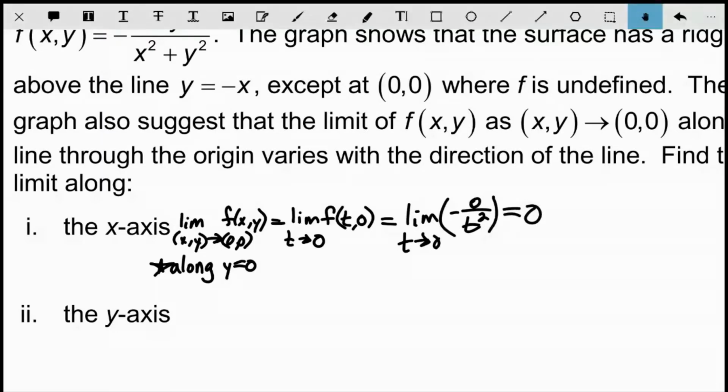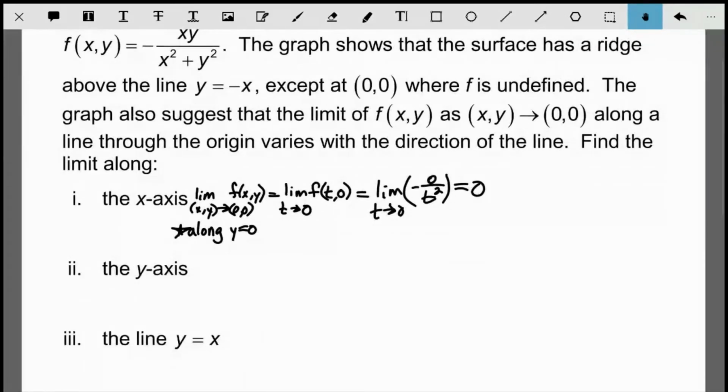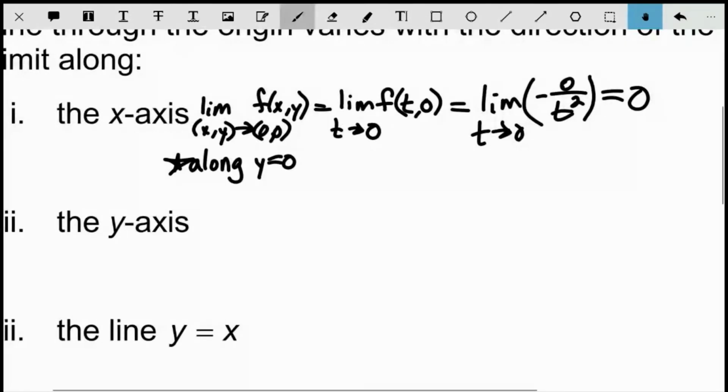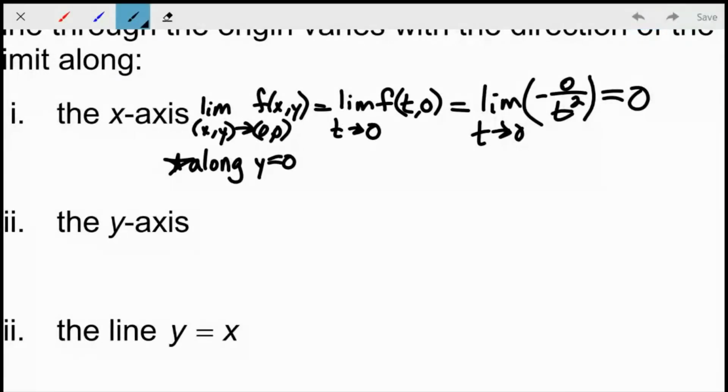Okay, so we found a limit as we approach the point 0, 0 along the x-axis. Let's do the same thing along the y-axis. Same idea: I'm going to write the limit as (x, y) approaches the point 0, 0 of f of (x, y).